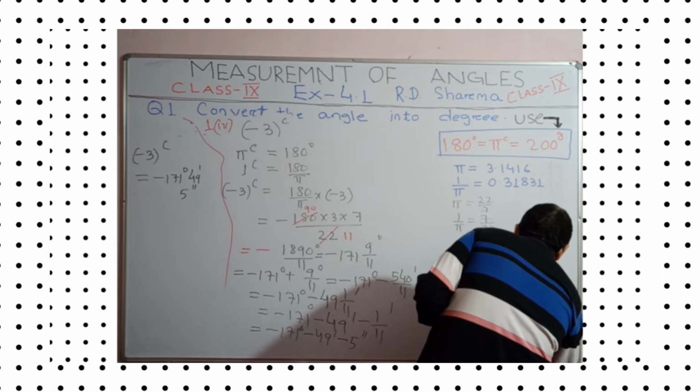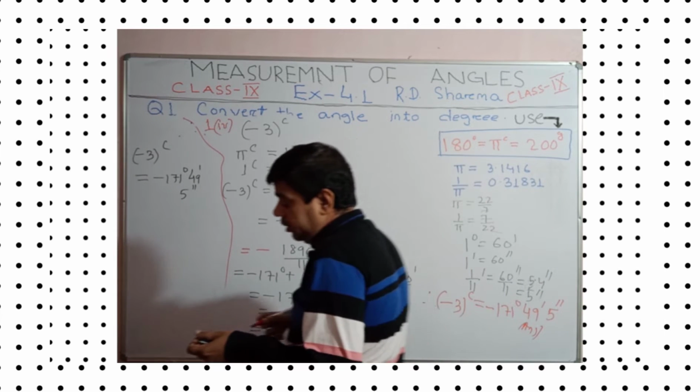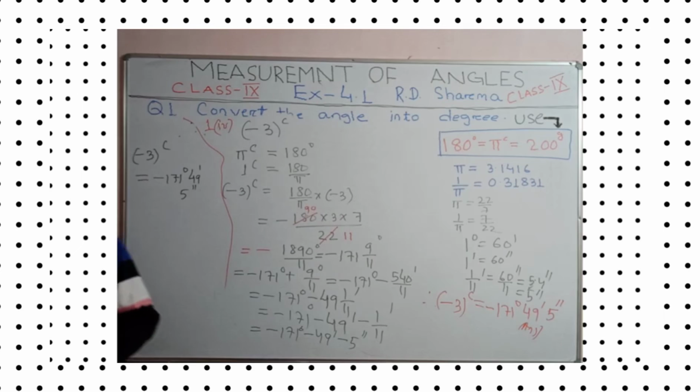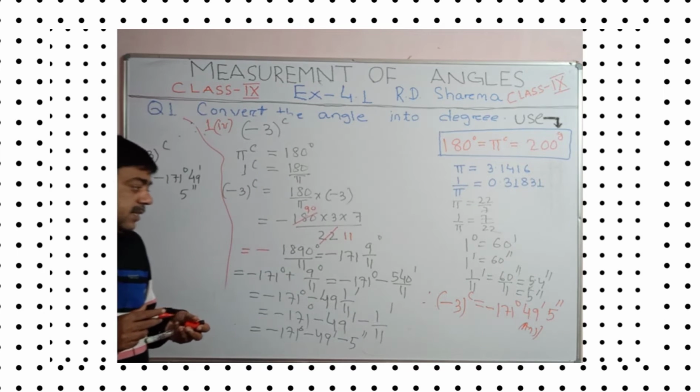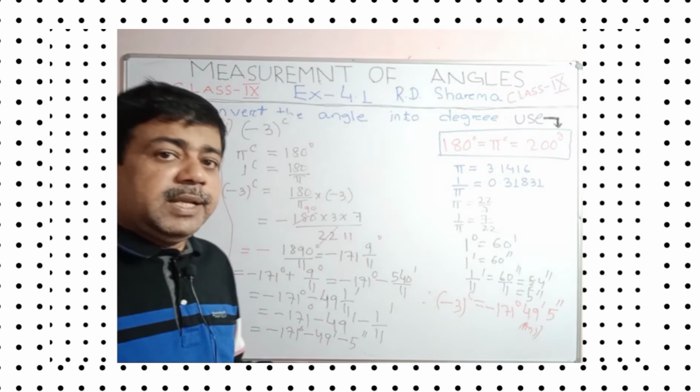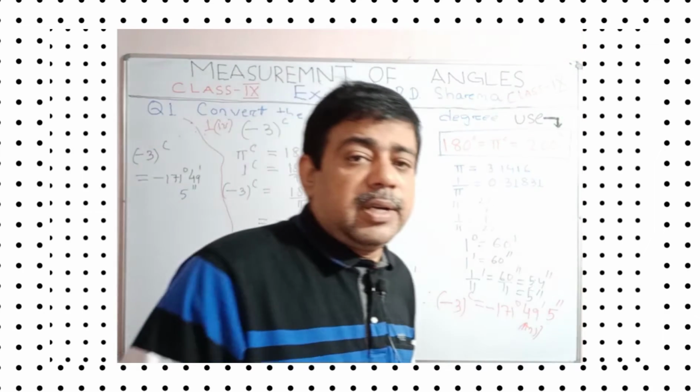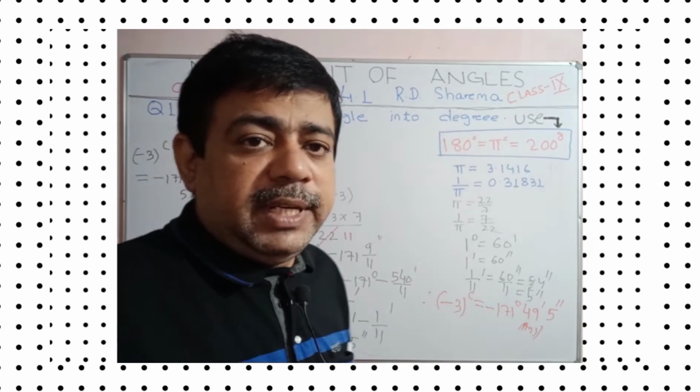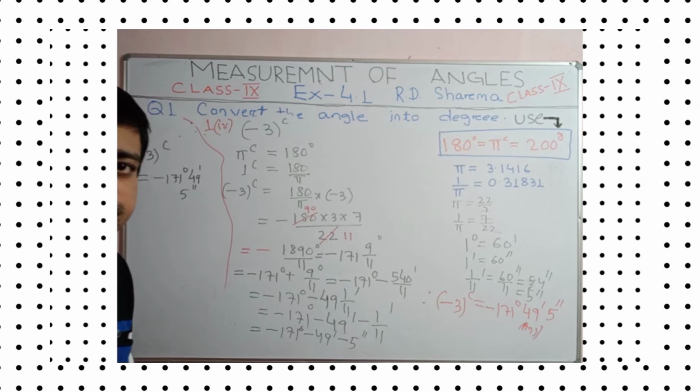This is how we can convert minus 3 radian into degree, minute and second. So minus 3 radian is equal to minus 171 degree, 49 minute and 5 second. Is it clear, all of you?